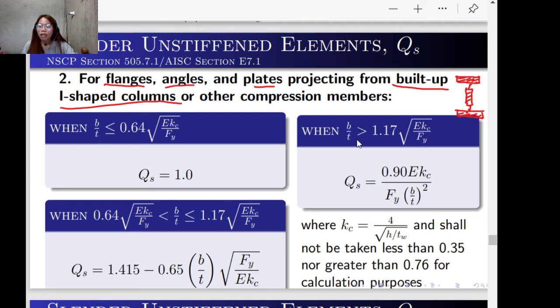But when b over t is greater than 1.17 square root of E Kc over Fy, it means the element is slender: the flange is wide, or the height is large, but the thickness is very thin. Local buckling is critical and obvious. For such a section, use Q sub S reduction factor equal to 0.9 E Kc over Fy times b over t squared.